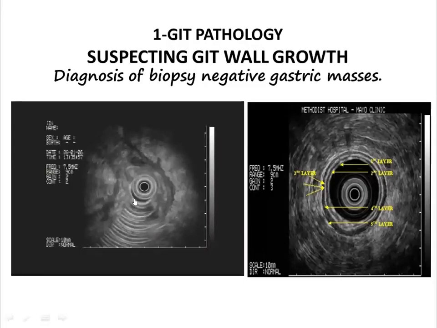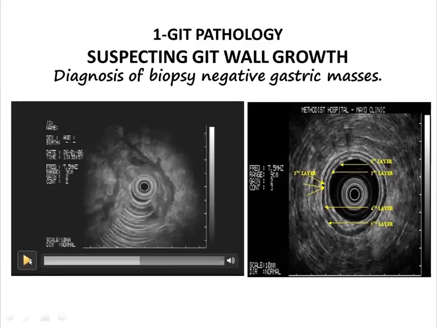Here in this lesion, we notice that there is marked irregular thickening of the gastric wall, even replaced by a soft tissue mass involving all layers and extending beyond the serosa by pseudopodia, there is complete loss of wall layer structure.